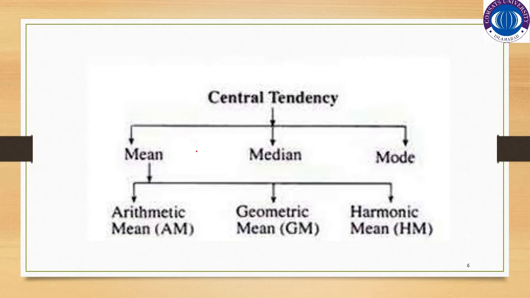The most common measures of central tendency are mean, median, and mode, and mean could be found out by way of the arithmetic mean, it could be the geometric mean, and it could be found through the harmonic mean. So these are the 5 measures of central tendency, and the most common are mean, median, and mode.